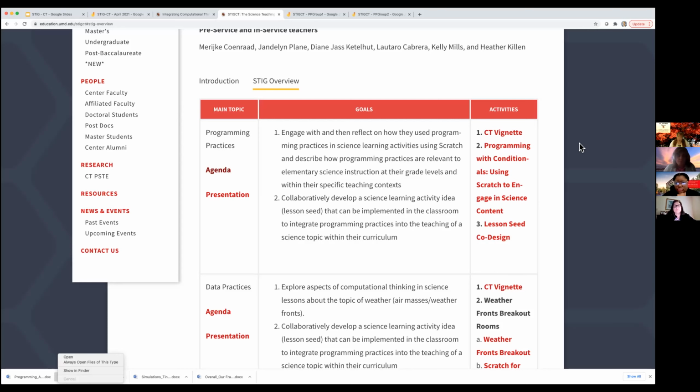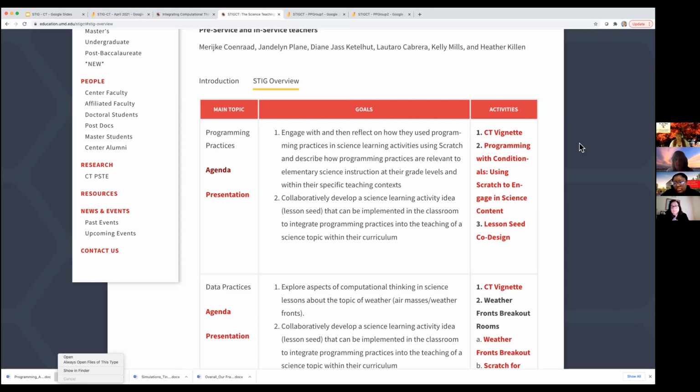And we got both types of answers. Lessons that weren't intended to be computational thinking at all, we had people telling us how computational thinking was in that lesson. And then we had other ones where people didn't see the computational thinking.